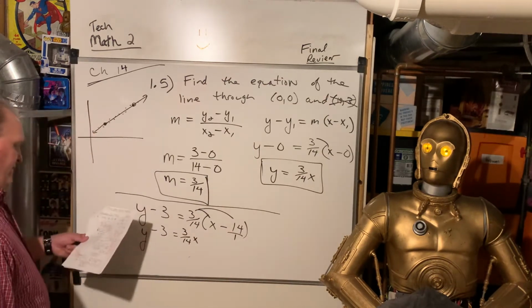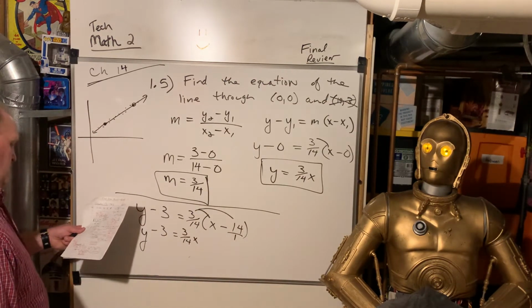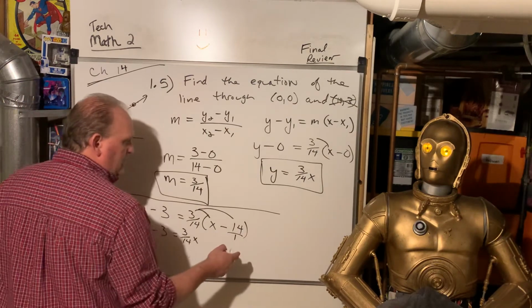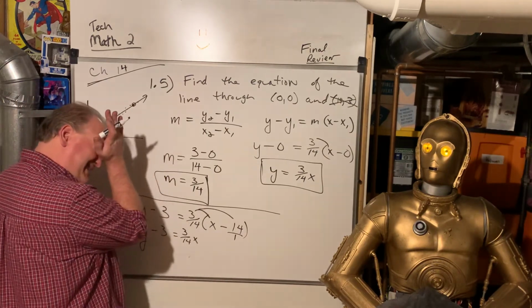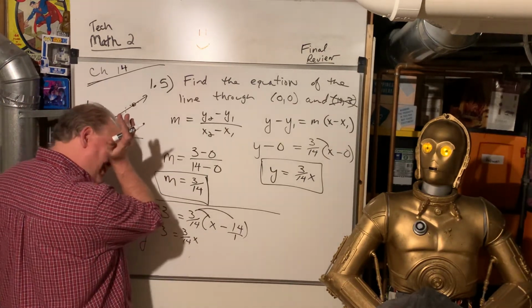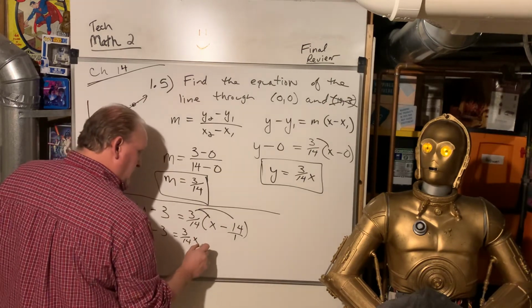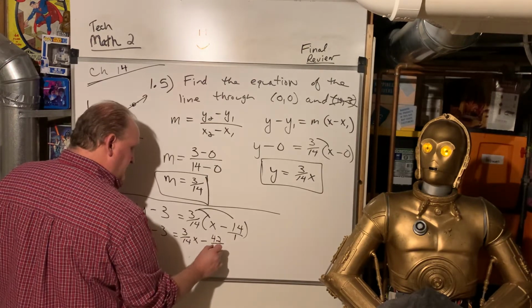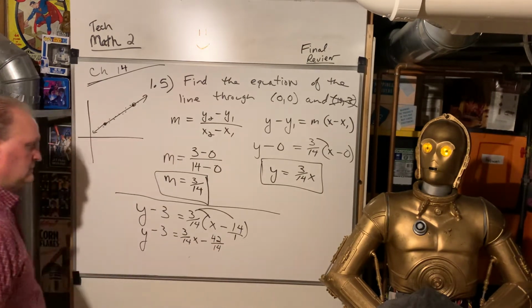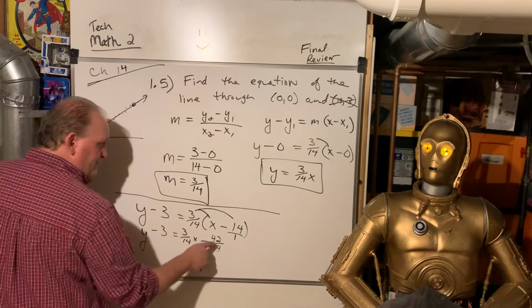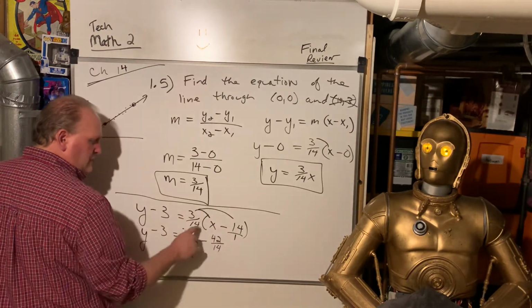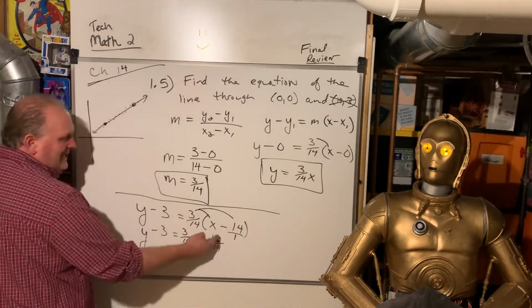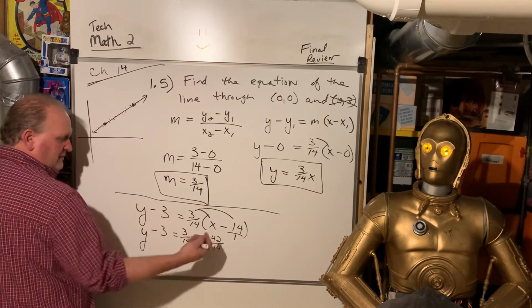What is that? 28, and then another 14 onto it is 42. So minus 42/14. Okay, yeah, top times top, 42, bottom times bottom, 14. But that reduces. 42 divided by 14 is 3.